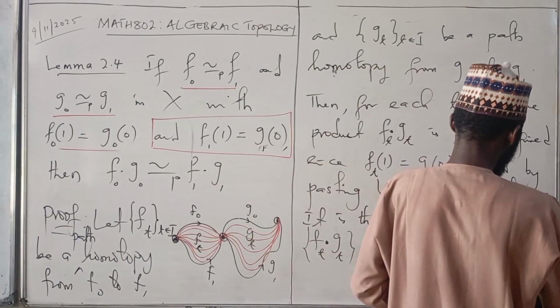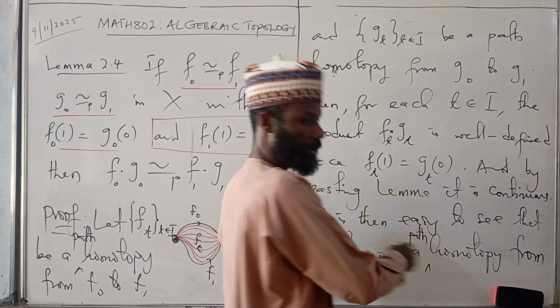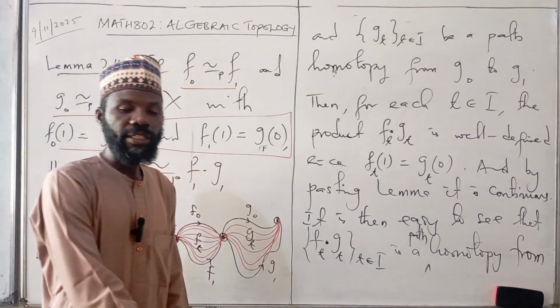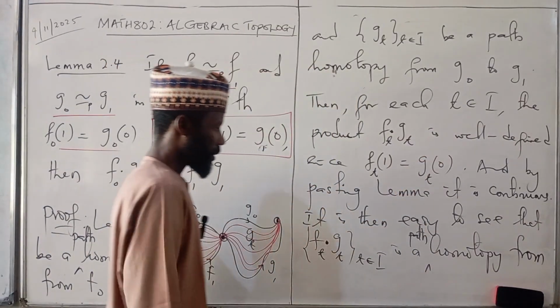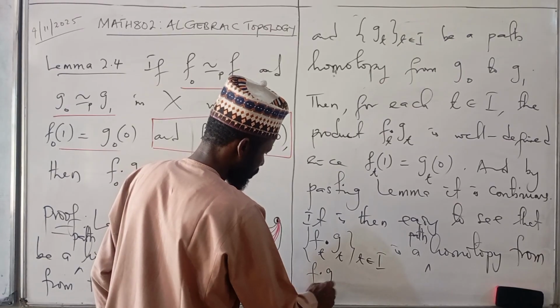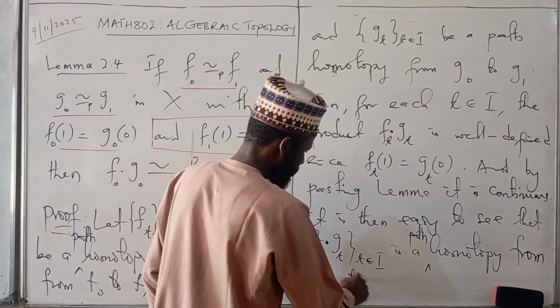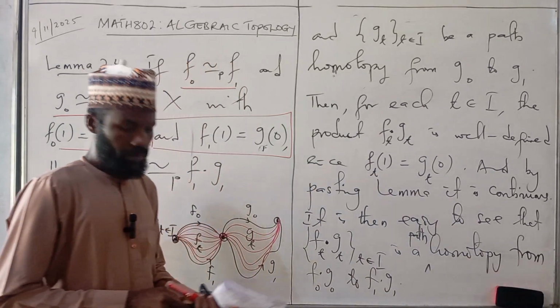And homotopy here, I'm saying path homotopy. Many a time I'll be missing the word path to mean path homotopy. From f_0 g_0 to f_1 g_1. Is this okay?